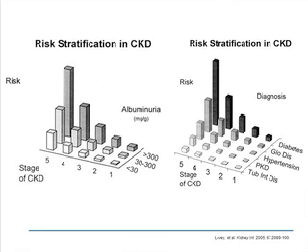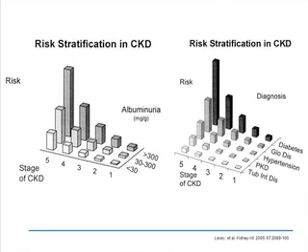And that's termed risk on this slide. And in the figure on the left, you can see that as you go from normal kidney function, stage 1, to very low kidney function, stage 5, the event rate goes up.